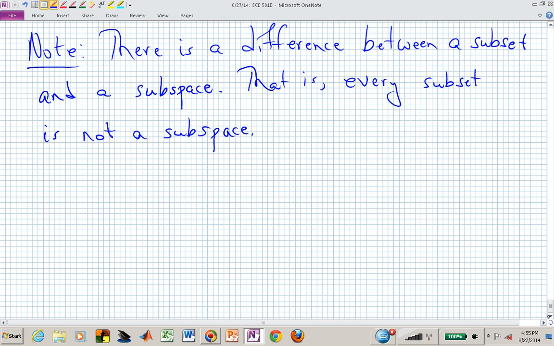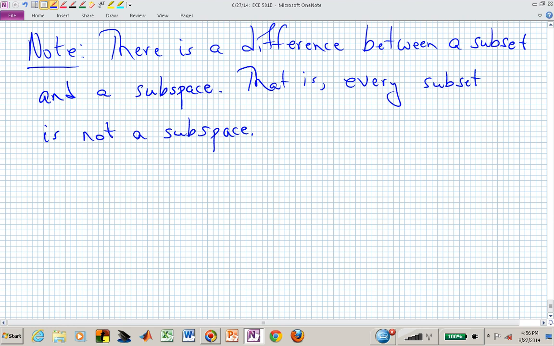Now, the nice thing about showing that a subset is a subspace is we don't have to verify every one of the properties of the vector space that U doesn't have. We don't have to verify that U satisfies every property of a vector space, because it's a subset of V, it inherits a lot of these properties.